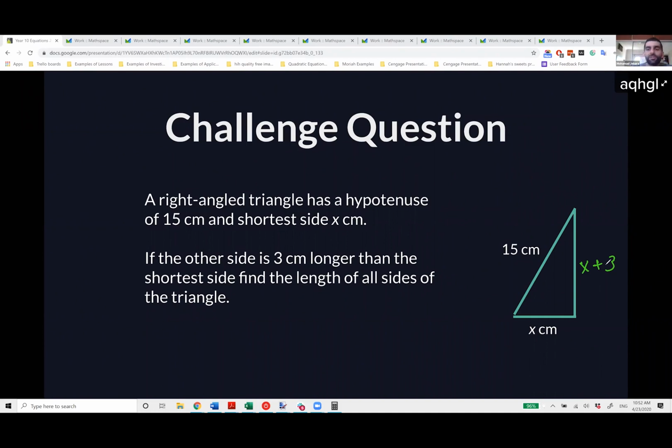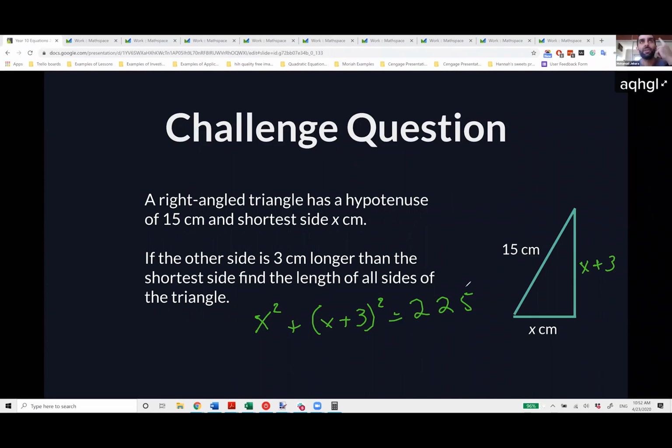And so what we're looking to solve, again with equations, what we need to do is just say, what are two things that we know are equal? Well, we know that a squared plus b squared equals c squared. So we have our equation. So we have our x squared plus, and now it's all of x plus 3 squared, is equal to the 15 squared, which is 225.